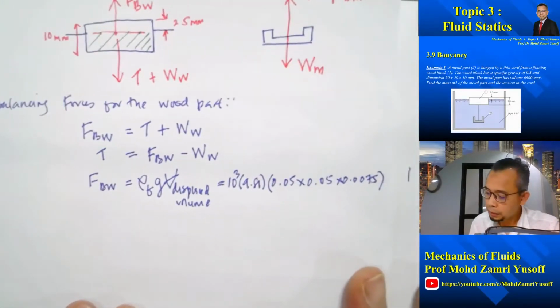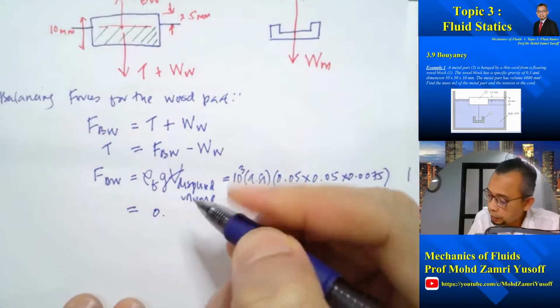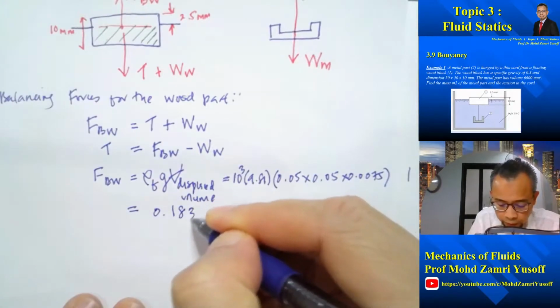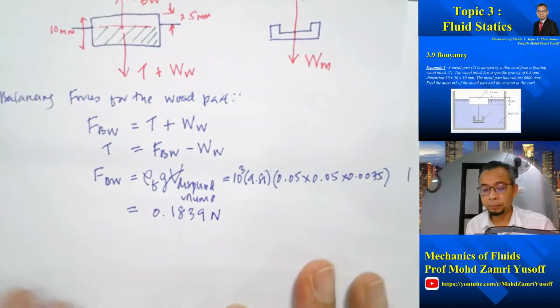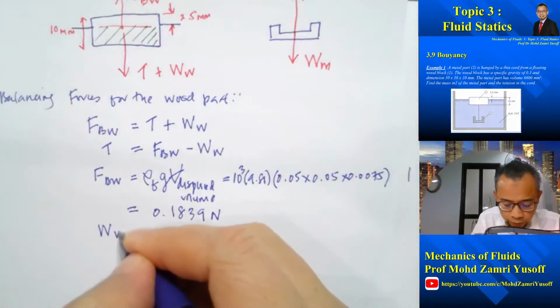That gives me the buoyancy force on the wood equal to 0.1839 Newton.